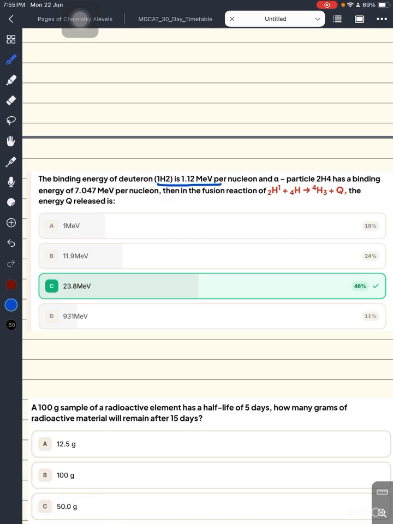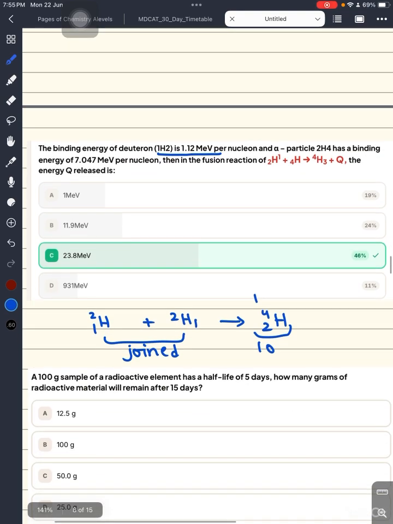The binding energy of deuterium, H21, per nucleon, and an alpha particle, 2H4, has a binding energy of... This means two deuterium nuclei join to form one alpha particle.